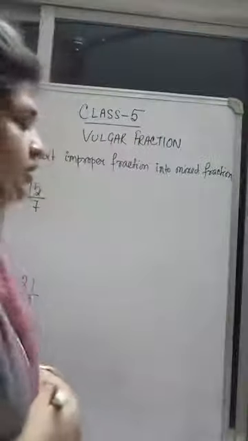Now we will go to the next type of sum, that is conversion of improper fractions to mixed fractions. So what is an improper fraction? I said that any fractional number consists of a top part, that is the numerator, by the denominator.